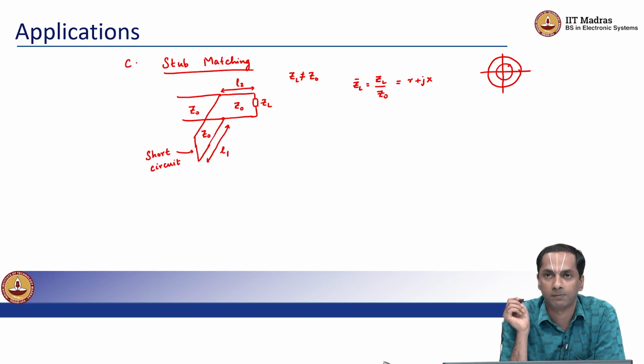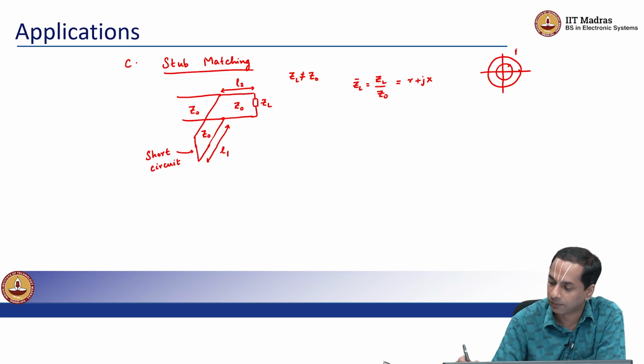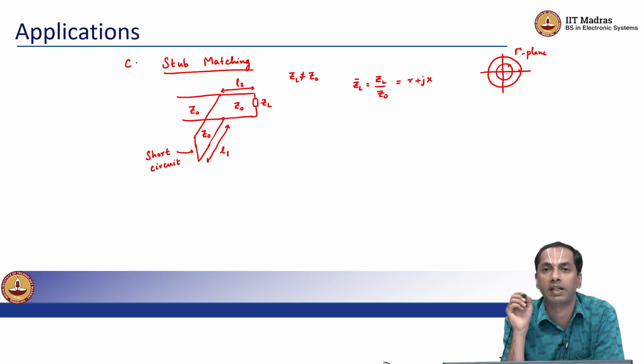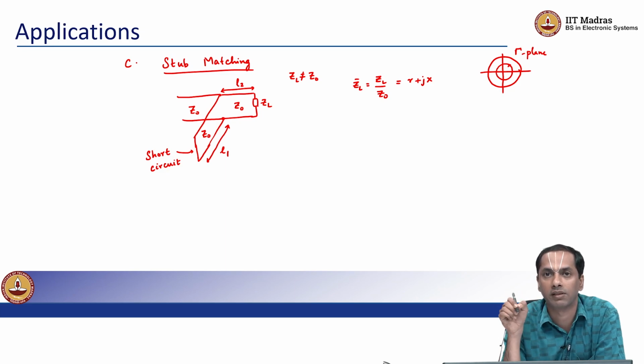So in the gamma plane, I can place the value corresponding to the load. Once I do that, all the impedances corresponding to the points on this circle that passes through the load, and the circle center is at the origin, those are the loads that you can access.